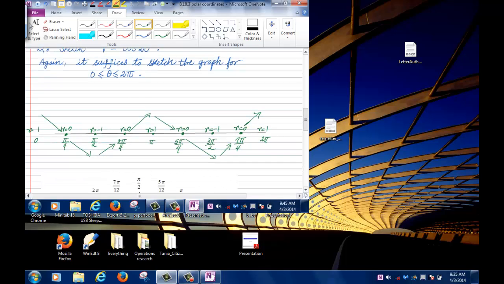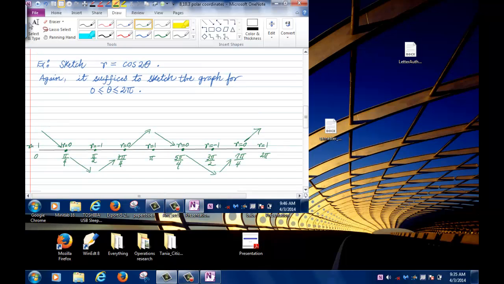So if I want to find where a function is increasing and decreasing, usually we find the derivative, critical points, and determine where the derivative is positive and negative. But since cosine 2 theta should be your friend by now, you know the graph of cosine, so that tells you how to determine where this is increasing and decreasing.